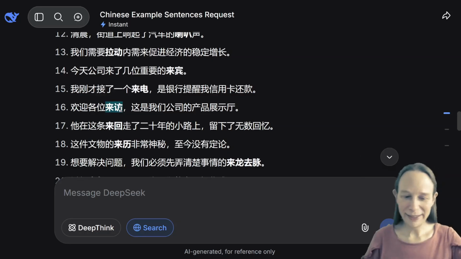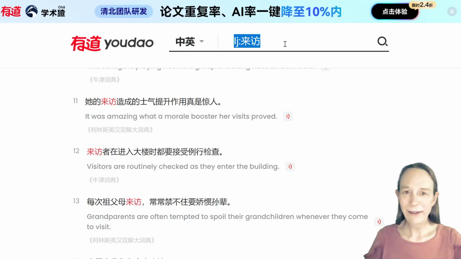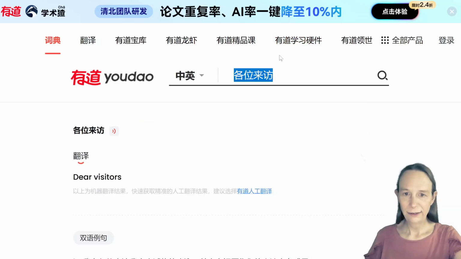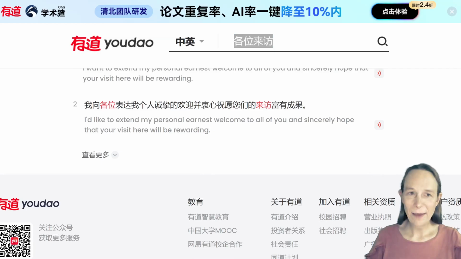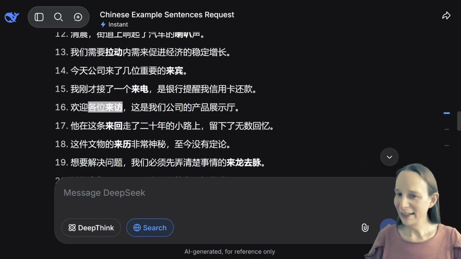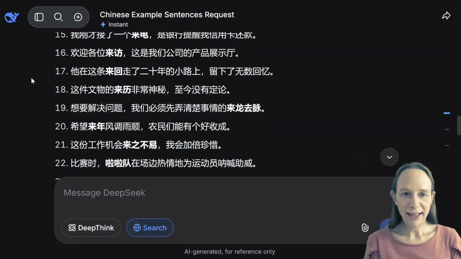All right. I'm not sure what to do with this, but I'm going to assume it is a verb. And 各位来访. 各位来访者. What if I put 各位 in here? No examples come up. I'll assume the AI is mistaken. 他们在这条来回走了20年的小路上.